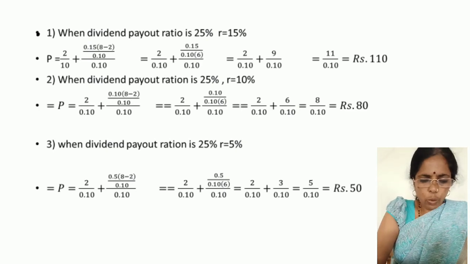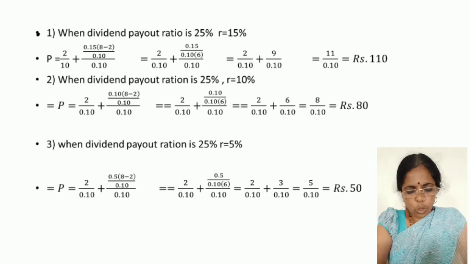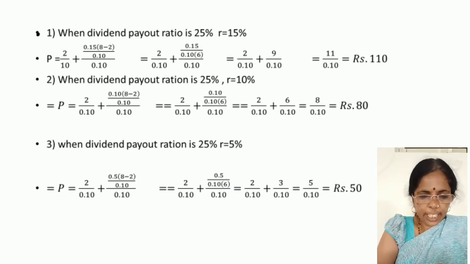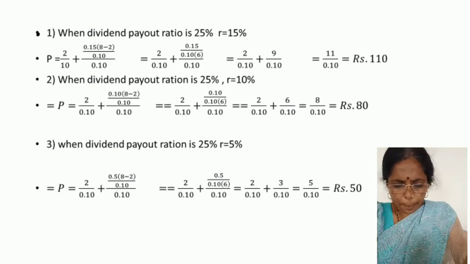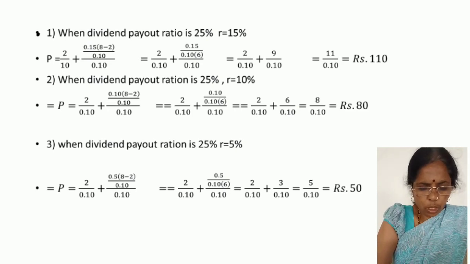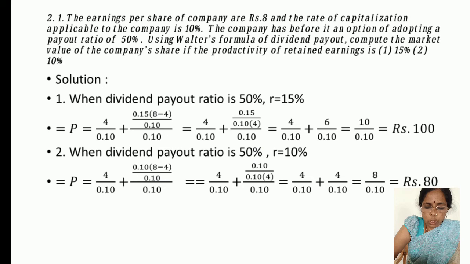Same way we will calculate when the payout ratio is 25% and the internal rate of return is 10%. Again the dividend remains the same, 25%, rupees 2, and our KE is 10%. Now D is rupees 2 since it is 25% of earnings per share.